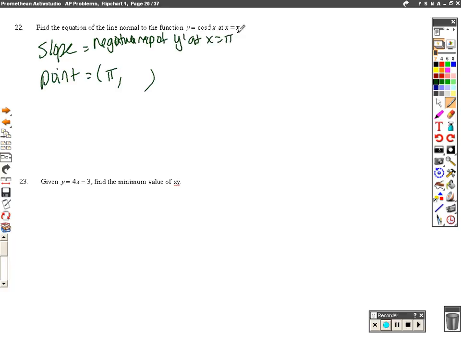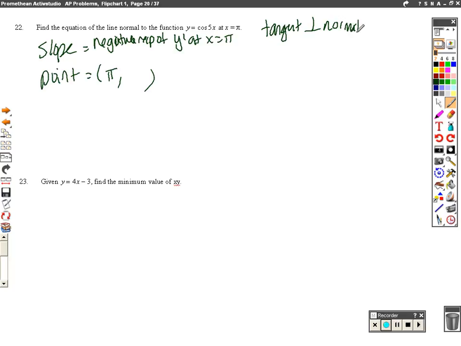Because if we found the slope or the derivative at x equals pi, that would be the tangent line, and a tangent line is actually perpendicular to the normal line. So that's why we take the negative reciprocal of that slope.